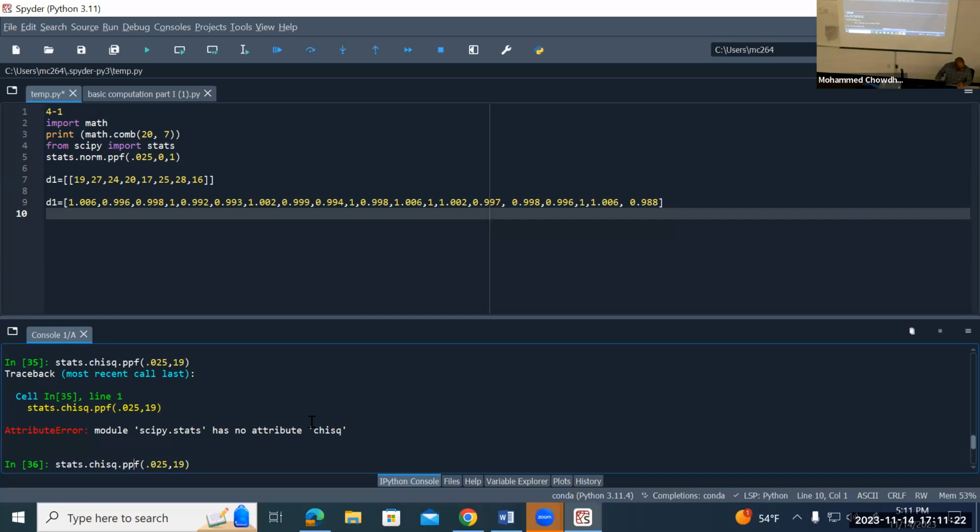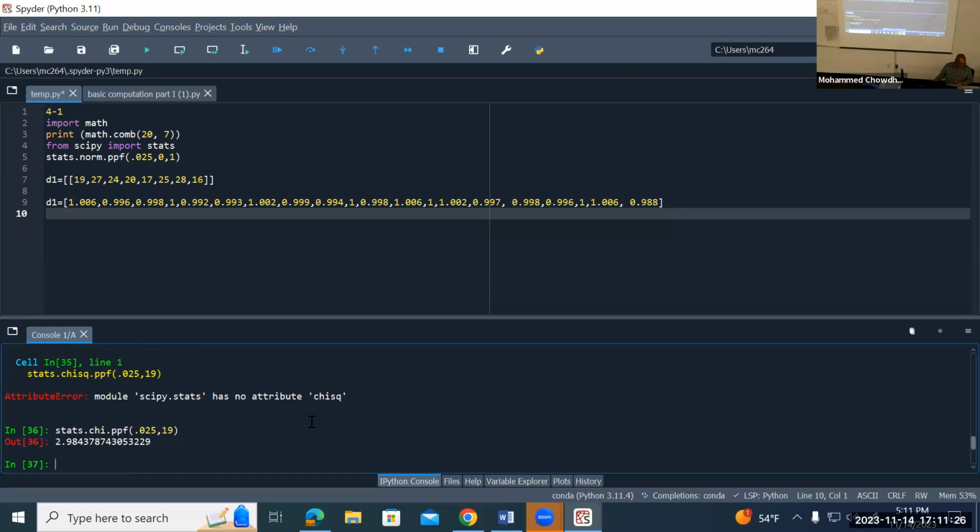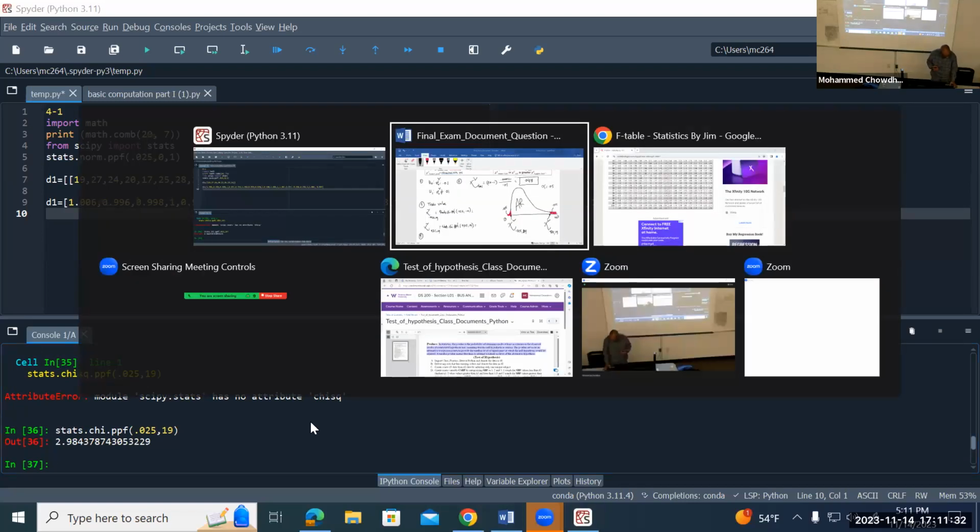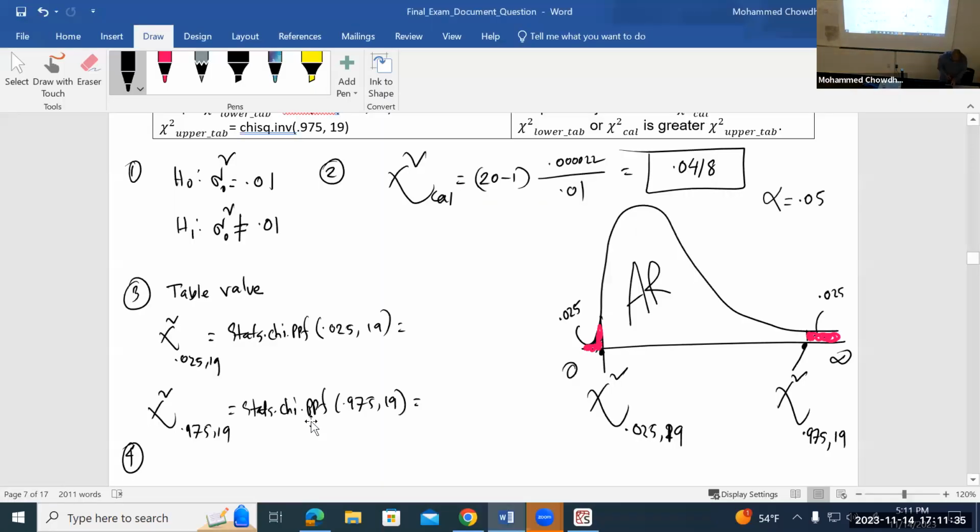Let me see whether this is okay. So this is 2.98. Okay, this is 2.98. Let's check whether I am writing it the other way.